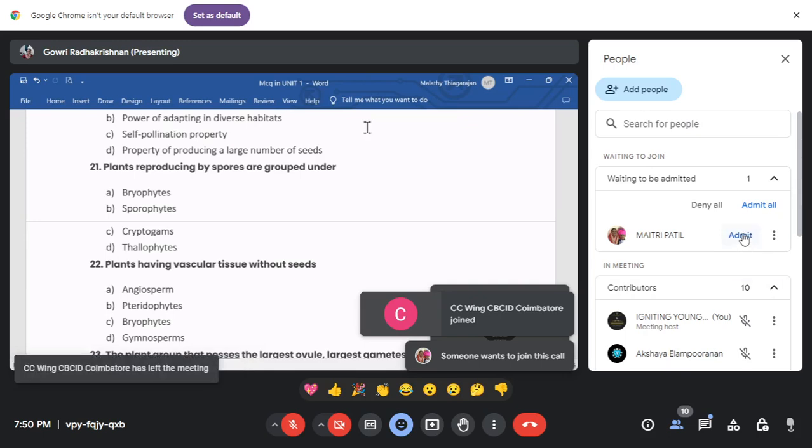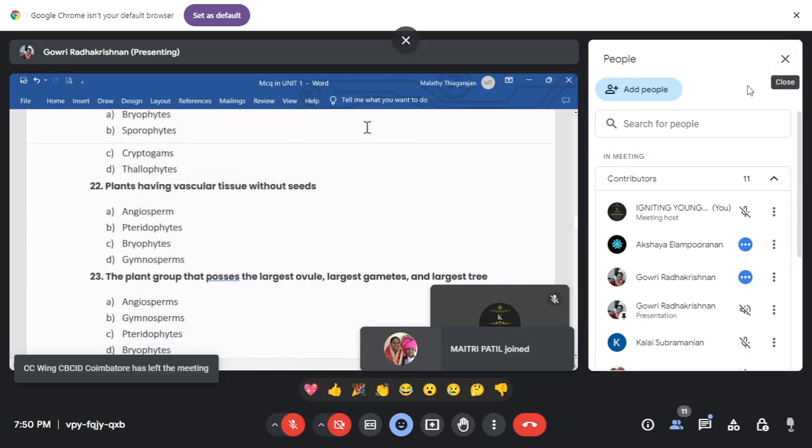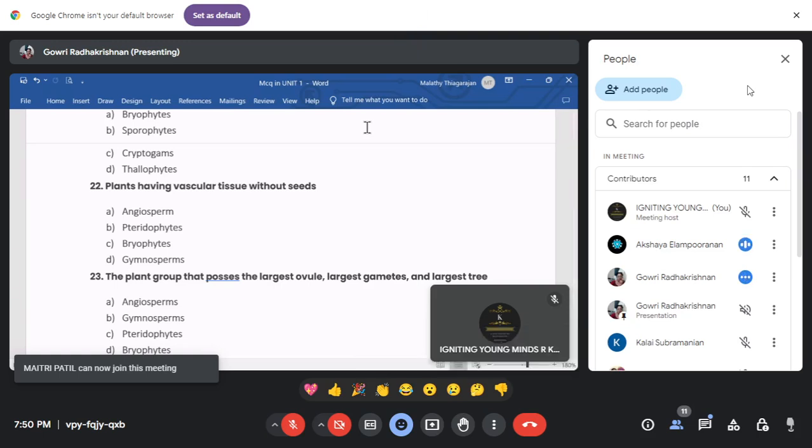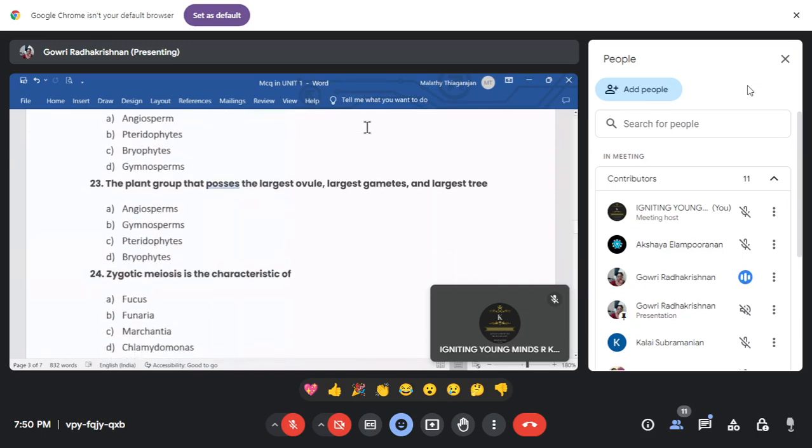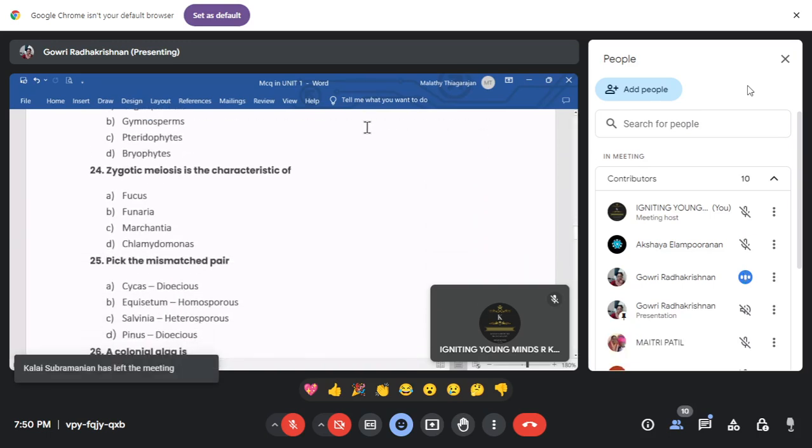Plants having vascular tissue without seeds. Gymnosperms, ma'am. Are you sure? Sorry. Gymnosperms have seeds. It's pteridophytes. Yes, pteridophytes. All right. Very good. Plant group that possess the largest ovule, largest gametes, largest tree. Gymnosperms, ma'am. Yes, correct. You should not have thought about it so long.